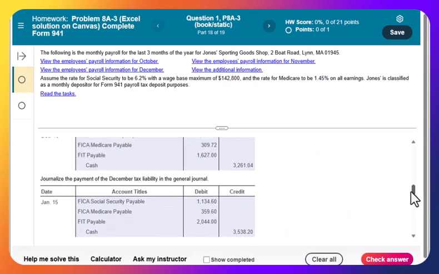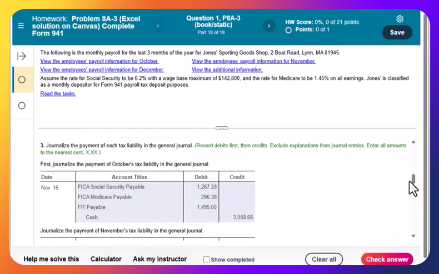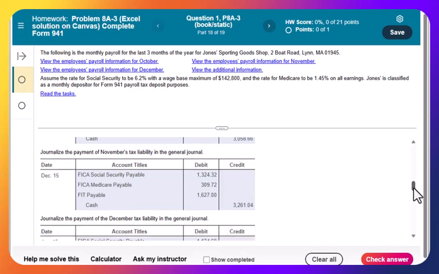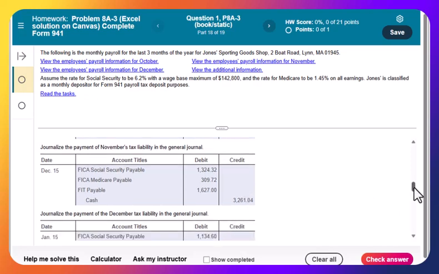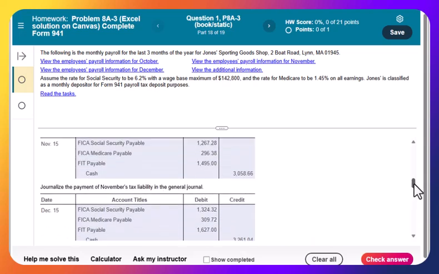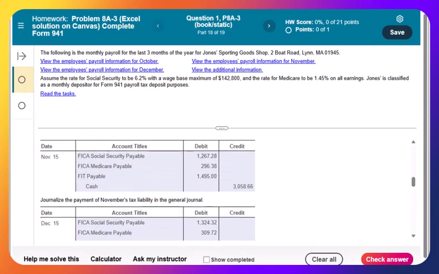So we'll take a look here at part 3. There it is. So this is the FICA and FIT that was paid here as cash. $3,058.66 for that first month there for October. Then November, we need to add that. And December finally. So let's go ahead and pop open our calculator to add those three together to get our total payments for the quarter.